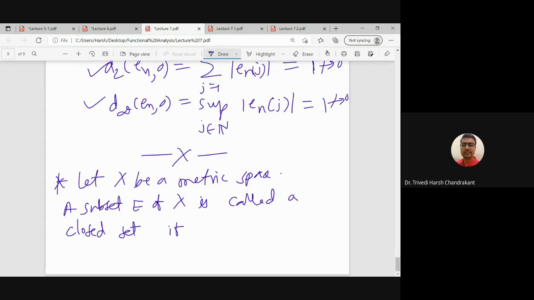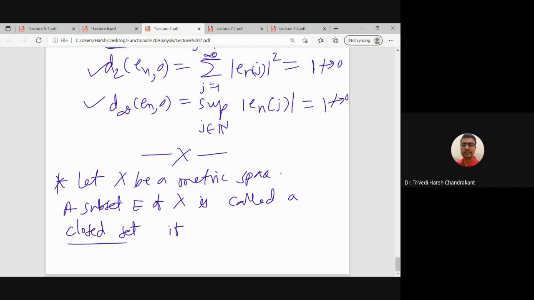So what is the definition of closed set in metric space? We can use sequences here, right? Basically, if all the limit points belong to the set, then it is a closed set. So that we can define using sequences.